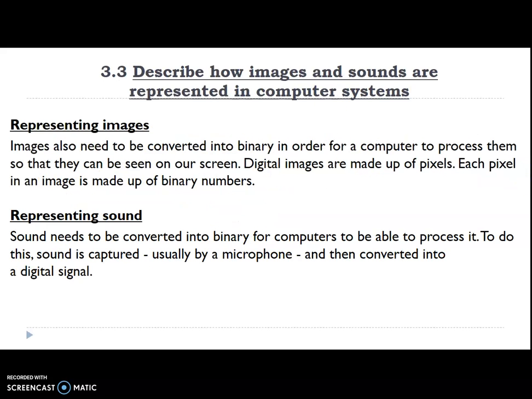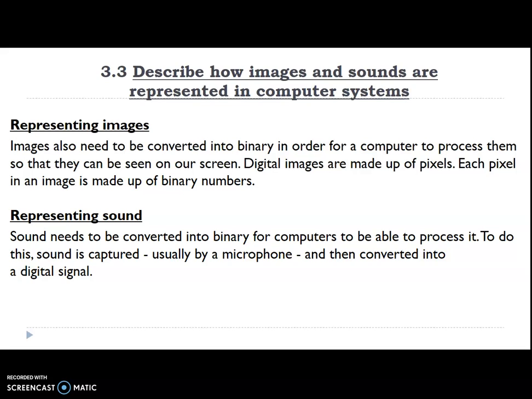After this, let's describe how images and sounds are represented in computer systems. There are two types. First is representing image. Images also need to be converted into binary in order for a computer to process them so that they can be seen on our screen.